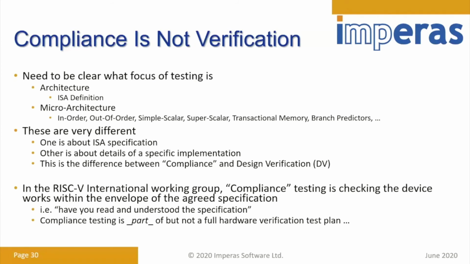Whereas with the microarchitecture, there are much more detailed tests that have to be written to be able to test things like in order, out of order, or hazard conditions. It's a different mindset to write your verification tests for the microarchitecture.